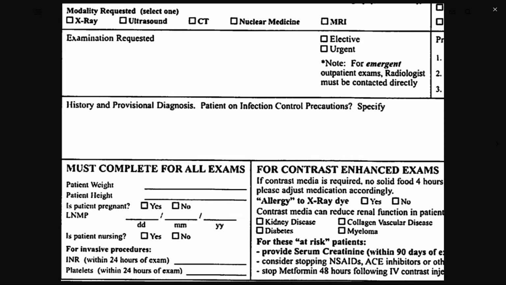The other reason we need to be careful is that mandatory or required fields can sometimes generate, as we've discussed, garbage data. And this happens when the only way to proceed to the next step on the form is to complete all the required fields. So if a physician does not have data for that required field, the only way to move forward is to make up something. And this is highly problematic.